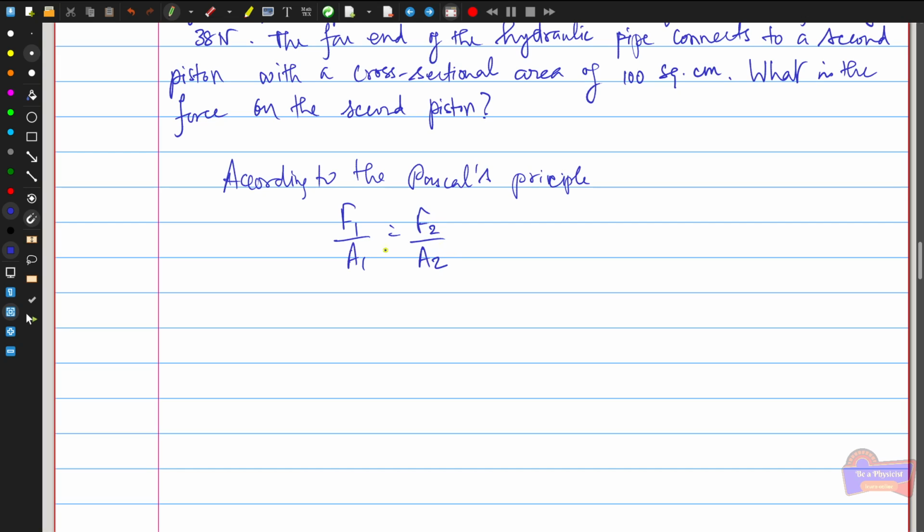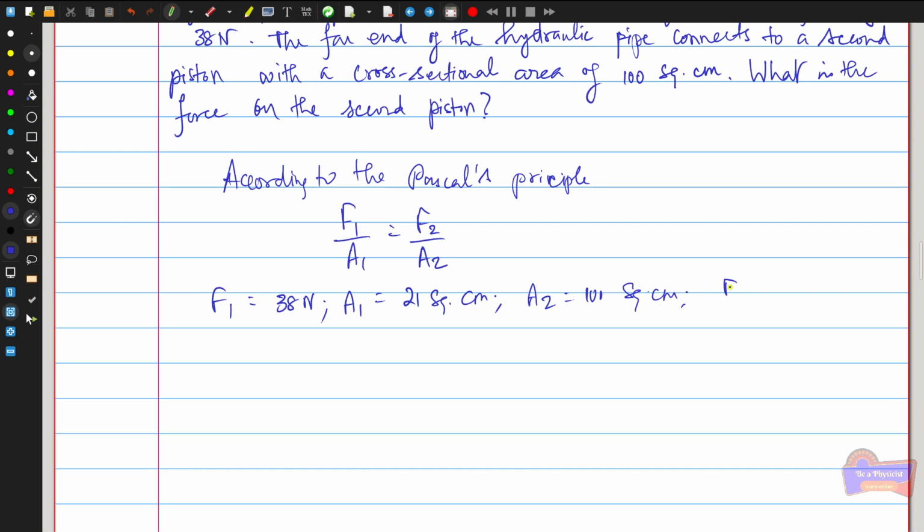The values of F1, A1, A2 are given: F1 equals 38 newtons, A1 equals 21 square centimeters, and A2 is given as 100 square centimeters. We have to find F2.